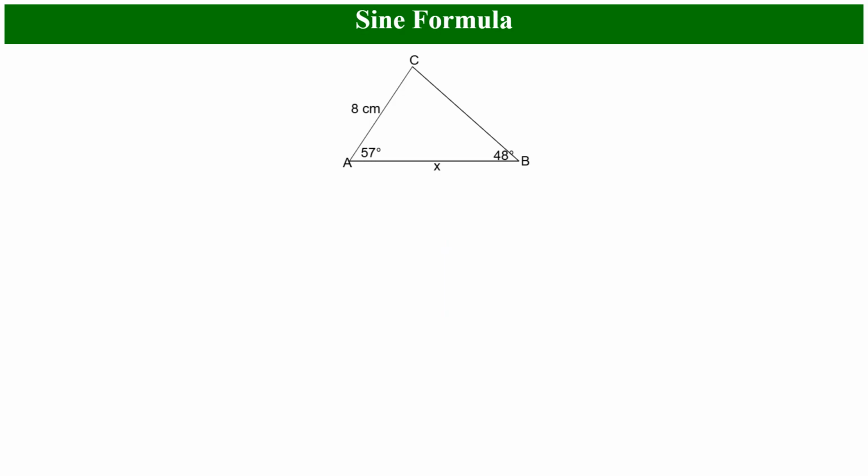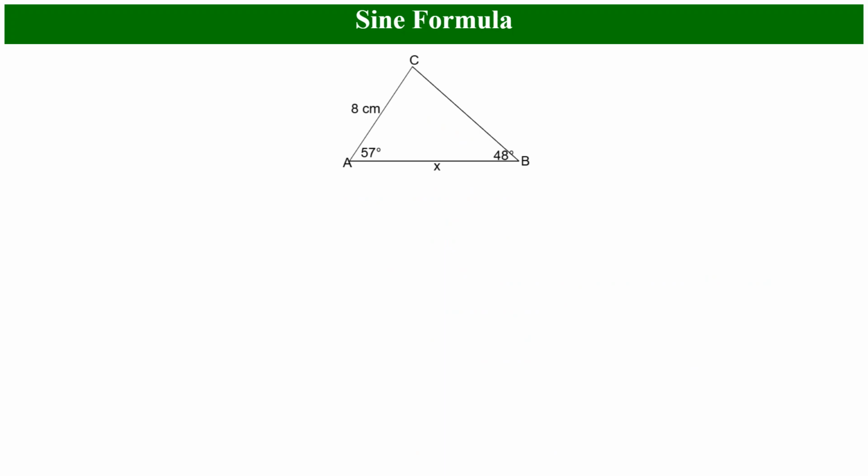X is opposite the angle C, but we don't know the size of angle C. It's not given. So the first thing we need to do is to find the angle C. And how shall we do that? Well, I think you can see that the three angles of the triangle there add up to 180 degrees.